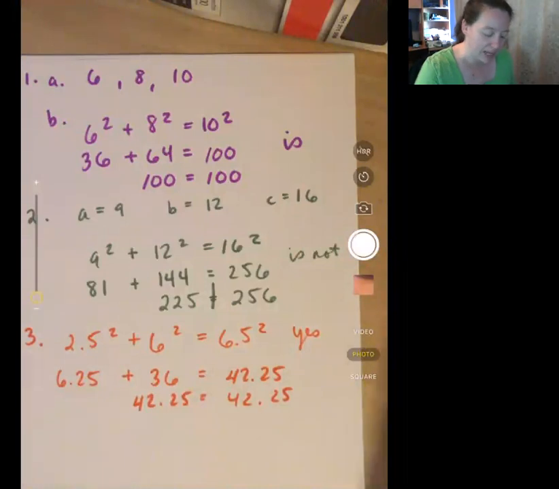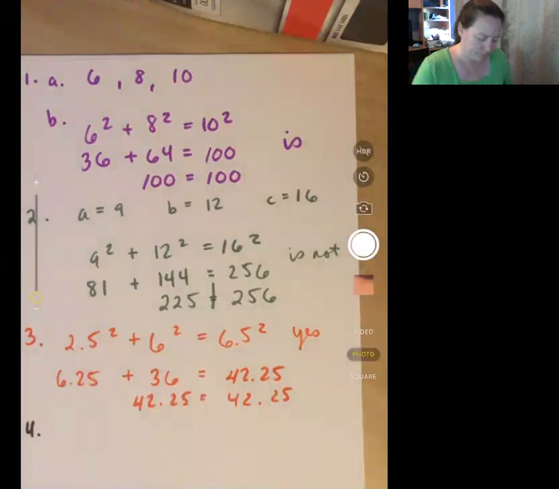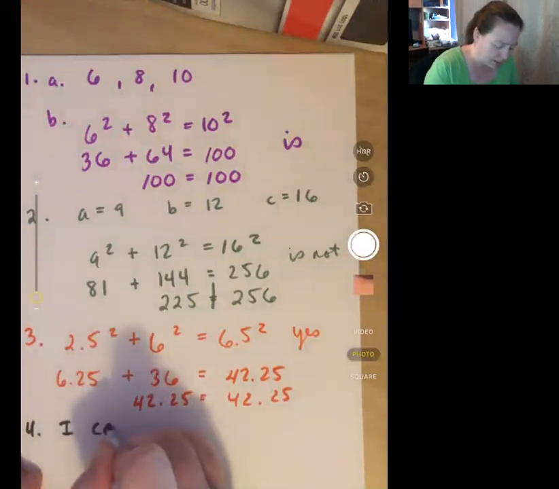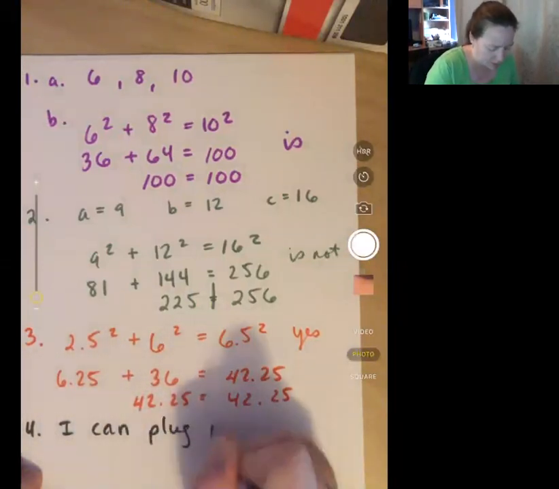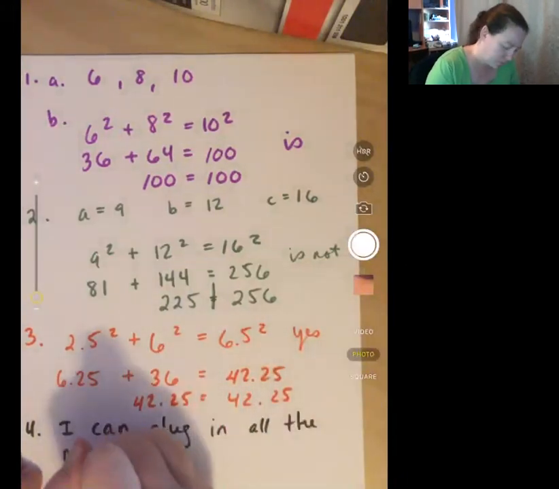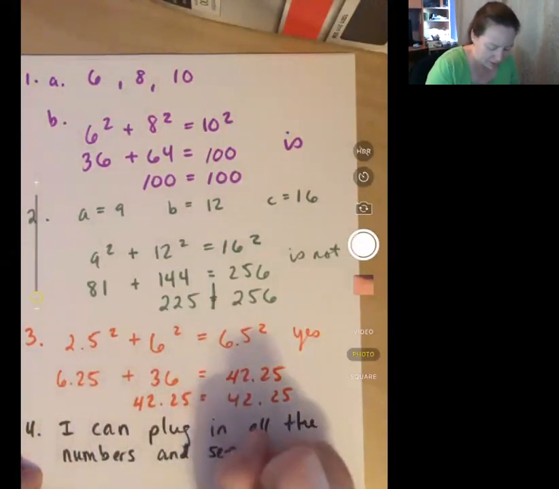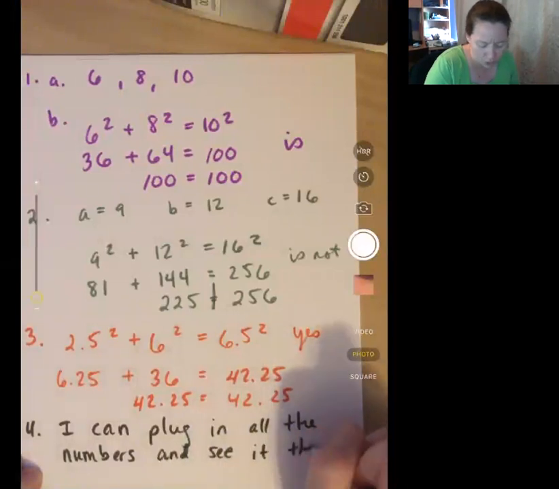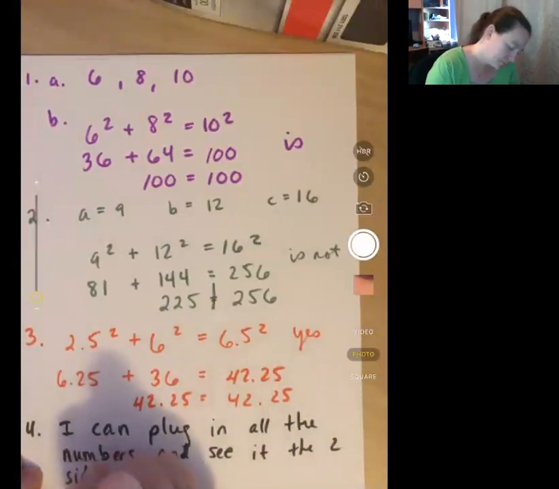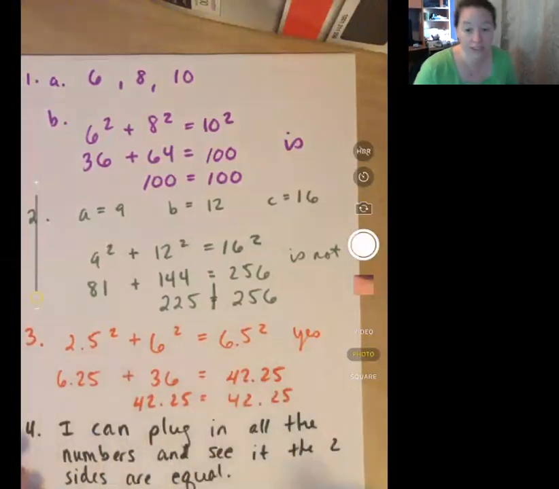So it ends up being, I can plug in all the numbers and see if the two sides are equal. Because that's literally all that we've been doing this entire time, plugging in all of the numbers and seeing if the two sides are equal.